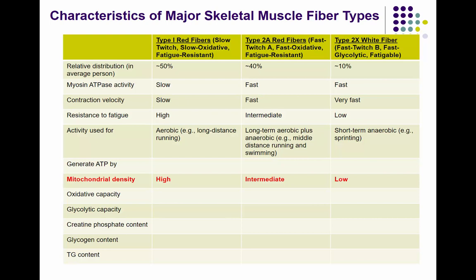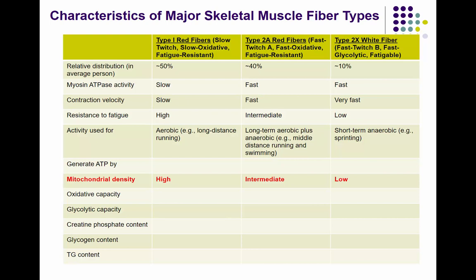And then the activities used for metabolism. Sorry, I apologize, I keep saying type 2A. So type 1 fibers usually use aerobic metabolic activities for generating ATP. And type 2A utilize both aerobic and anaerobic metabolic activities for ATP production.